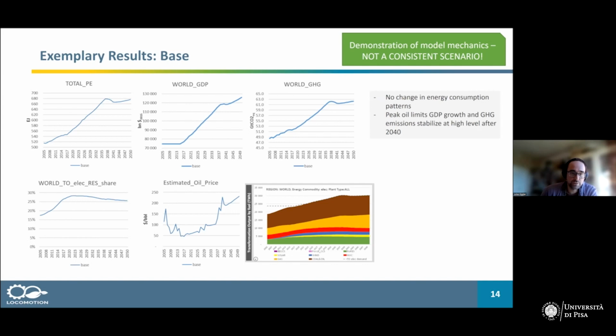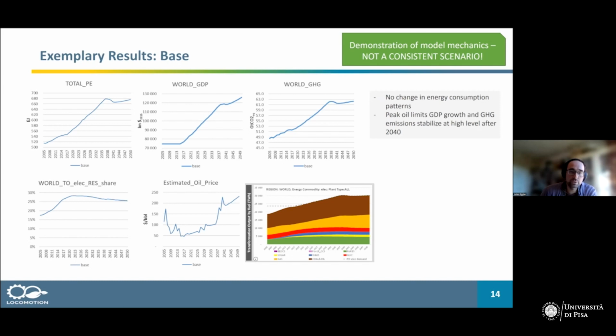There's a large fraction of fossils. You have the world GDP, the greenhouse gas emissions, the estimated oil price in the system, and you have the renewable share of electricity and the total primary energy consumption.